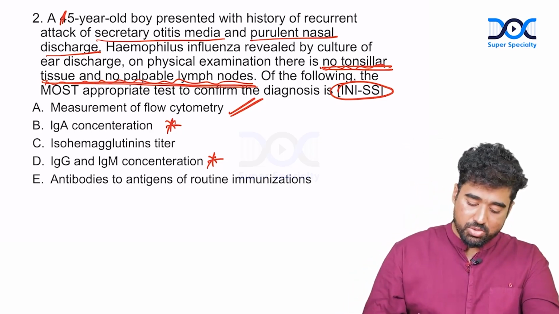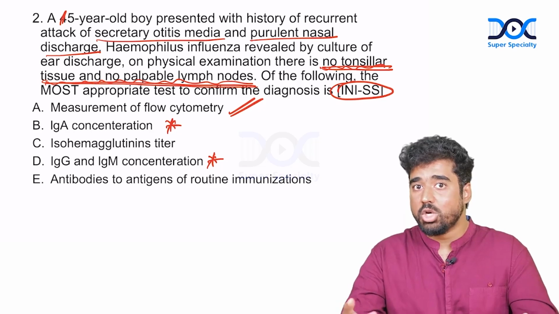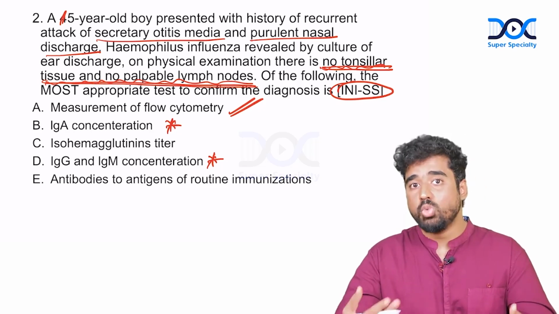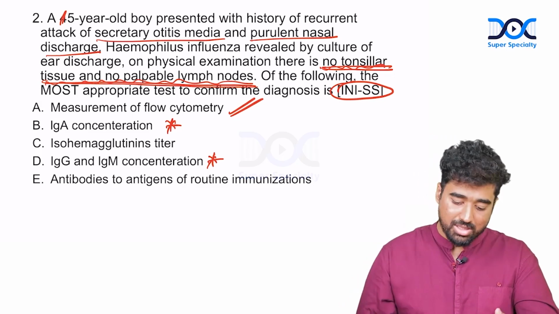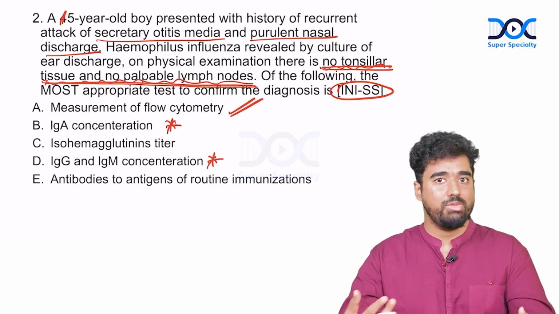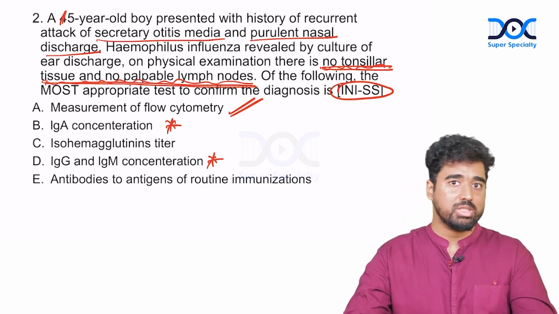For example, if this was an IgA deficiency case, but the thing is IgA deficiency does not present like this. Patients do have palpable lymph nodes, do respond with tonsillitis, etc. So here IgA concentration alone obviously would not suffice. IgG and IgM concentration alone again would not suffice.